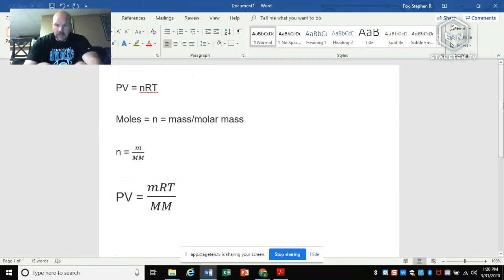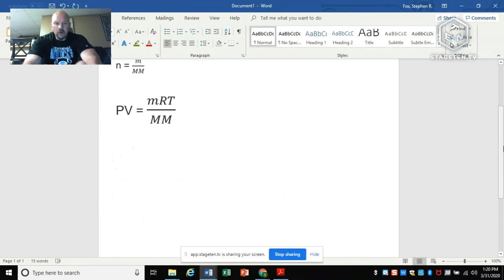Well, we can keep going. We can say, well, I've seen mass before. If we go back to unit one, right? Density equals mass divided by volume, right? So that means if I solve for mass, mass equals density times volume.